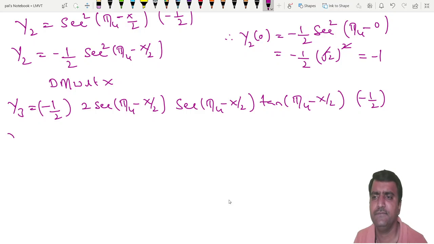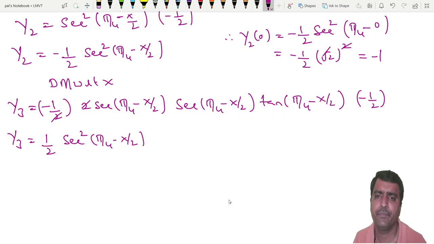Here you write y3 is equal to, here there is a minus and here there is a minus, minus minus becomes plus, and you can cancel one of these two. 1 and 2 cancel, but here there is again 1 by 2, so that 1 by 2 I have written here: 1 by 2 into secant square pi by 4 minus x by 2 into tan pi by 4 minus x by 2.